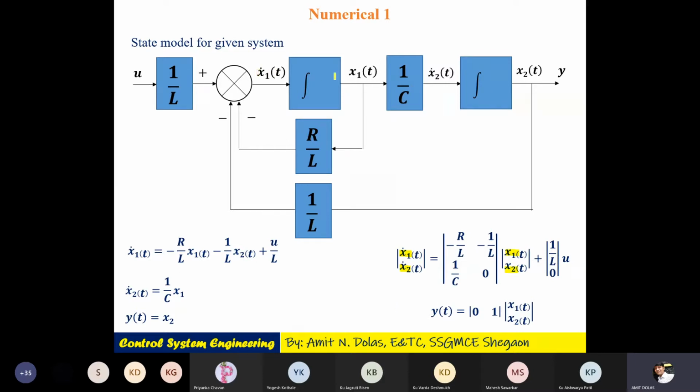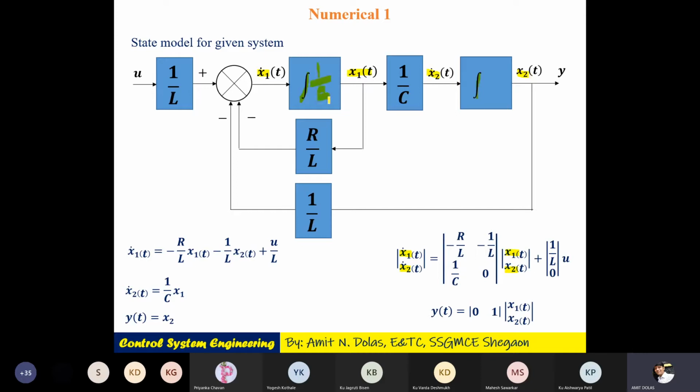How will we get x1? If we integrate x1 dot. So you can directly write x1 in block integration and x1. Similarly, if you integrate x2 dot, you will get x2. You may write 1 by s here.